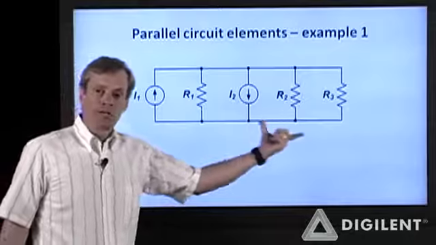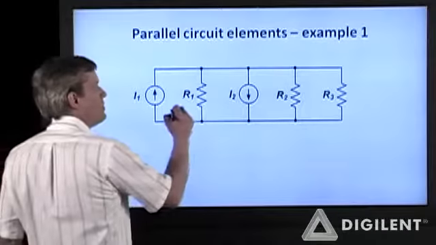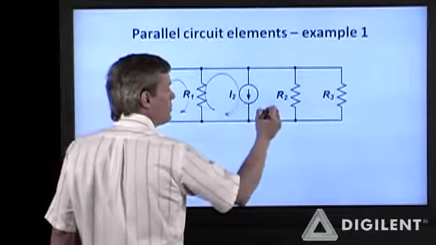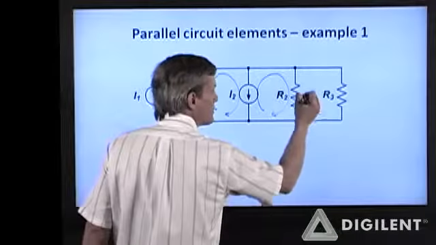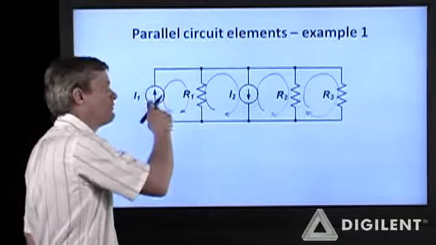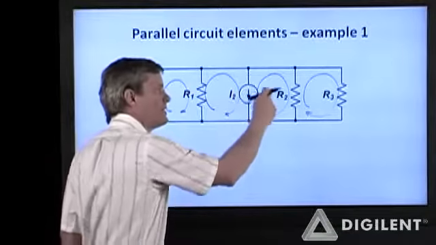For this particular circuit, if I do KVL around any of these loops, I will find that the voltage difference across each of these elements is the same.